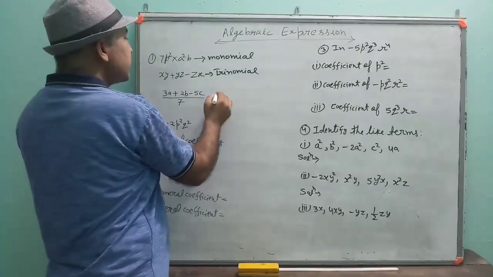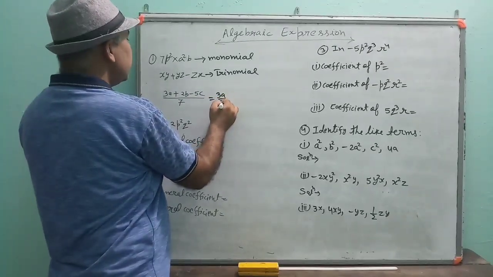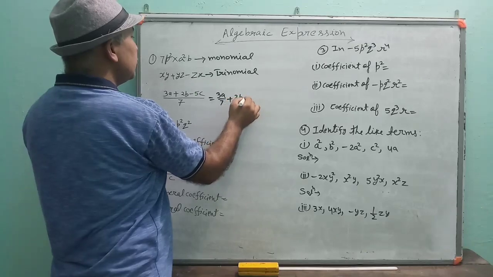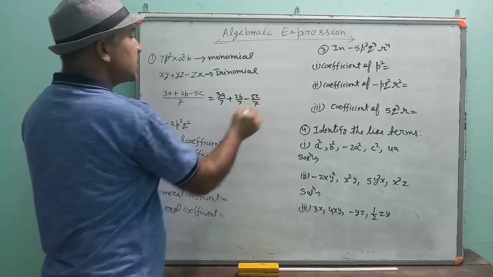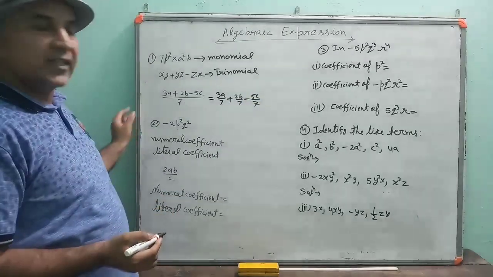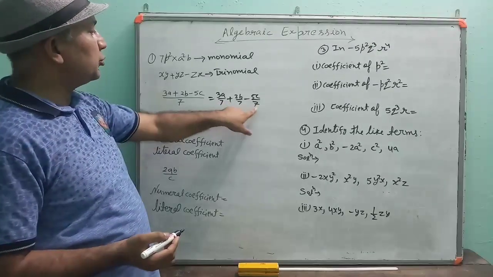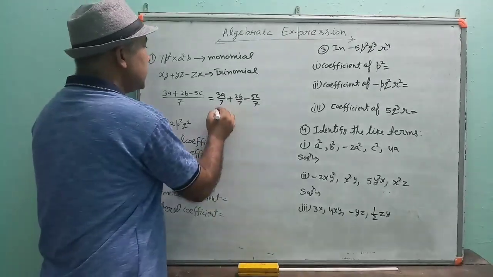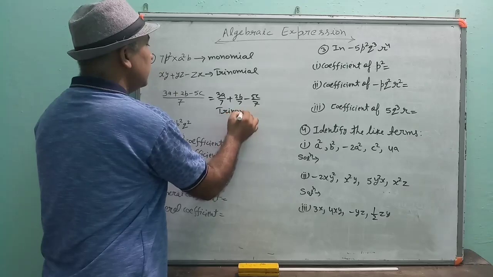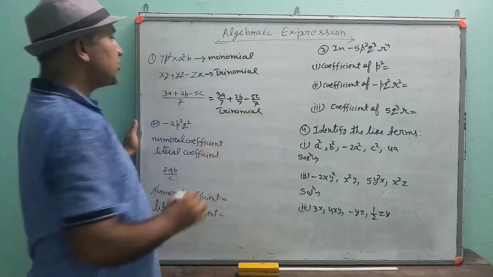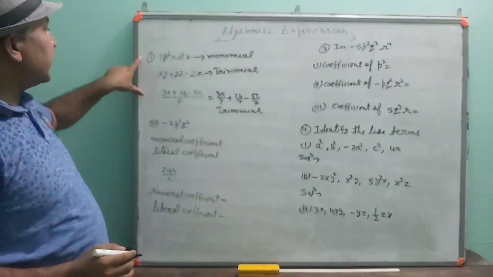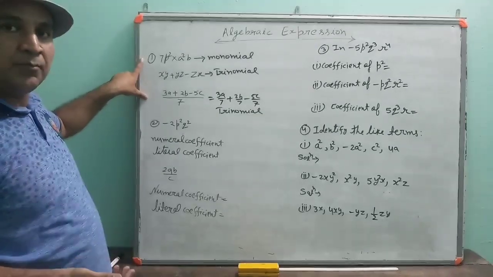If we write it separately, it will be 3a upon 7 plus 2b upon 7 minus 5c upon 7. That means again we have 1, 2, 3 terms. 3 terms means trinomial. Understood?